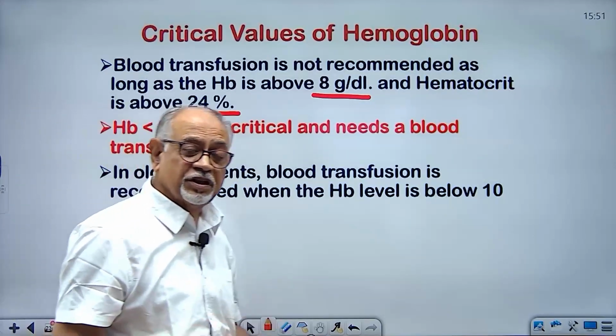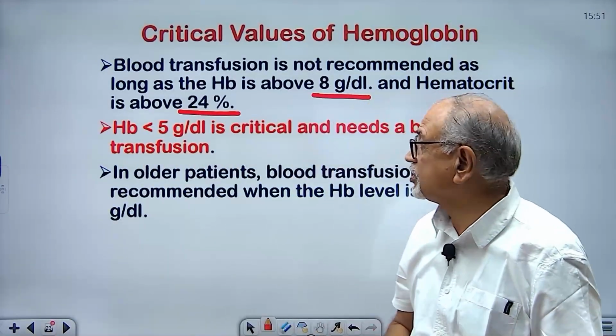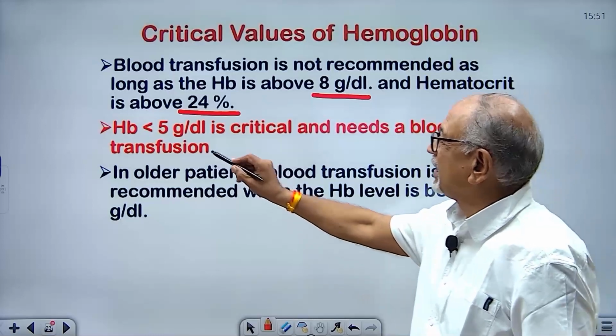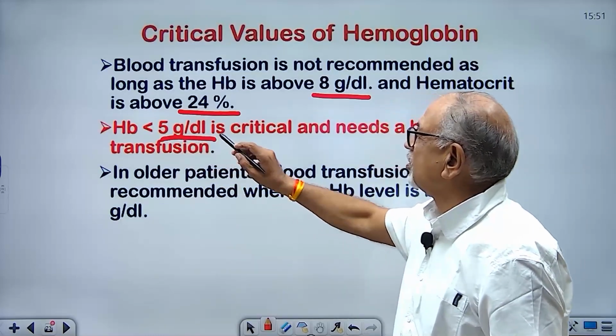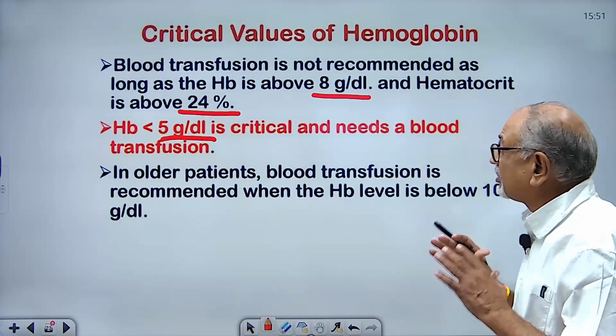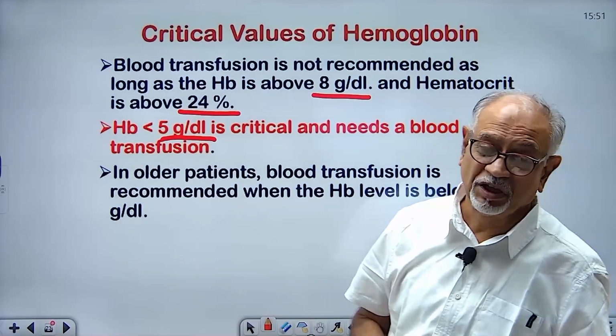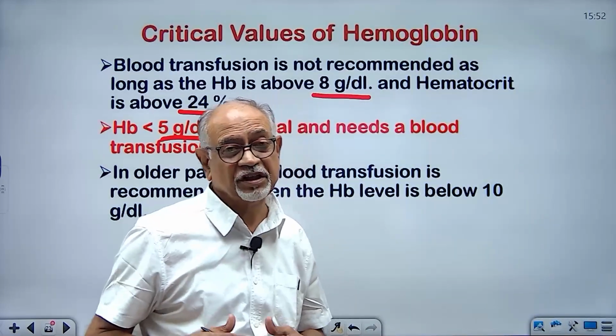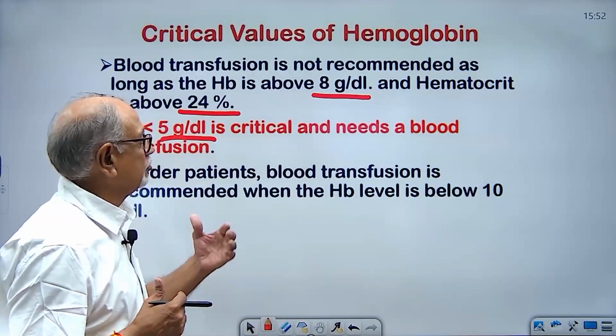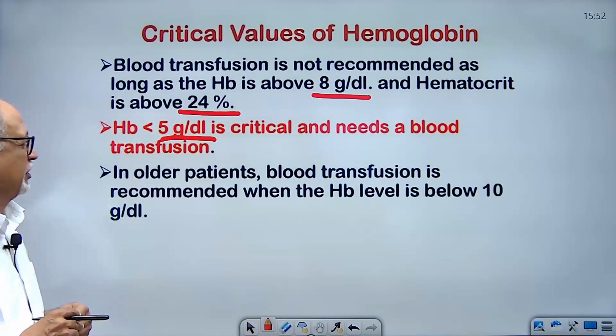If the hemoglobin falls to less than 5 gram per 100 ml, it is considered critical and the patient needs to be given a blood transfusion.